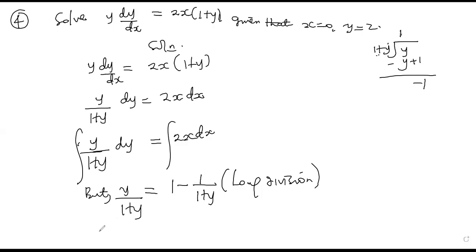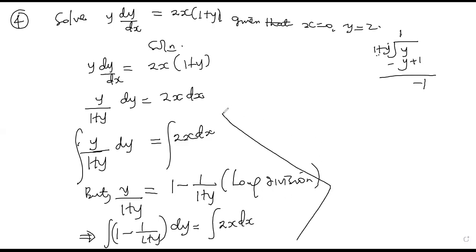So it implies that the integral of 1 minus 1 over 1 plus y, everything dy, is equal to the integral of 2x dx. So looking at this, when you integrate this here, we are going to get y.